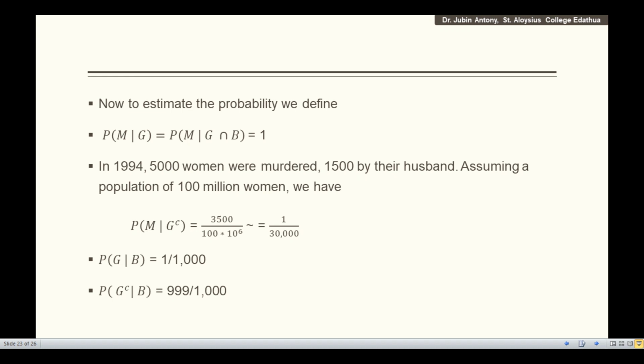Assuming a population of 100 million women, we have probability of M given G complement equal to 3,500 divided by 100 into 10 raised to 6, approximately equal to 1 divided by 30,000. Probability of G given B equals 1 by 1,000 as claimed by the defense lawyer. Therefore, probability of G complement given B equals 999 divided by 1,000.